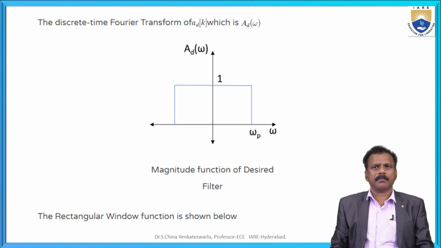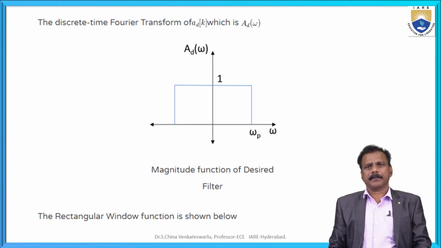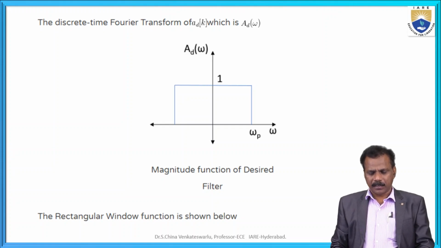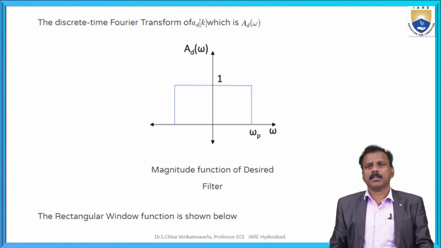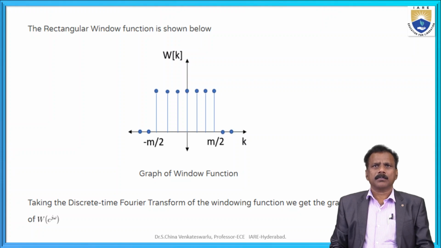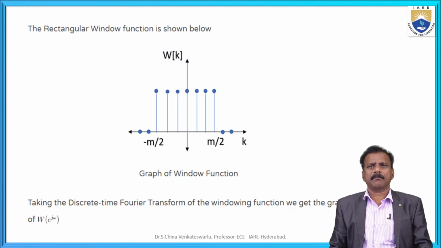This is the magnitude function of the desired filter. The rectangular window function is shown below, k versus w of k.